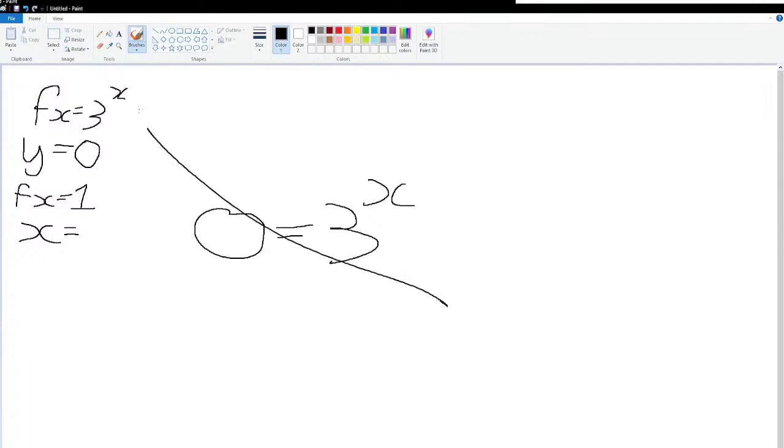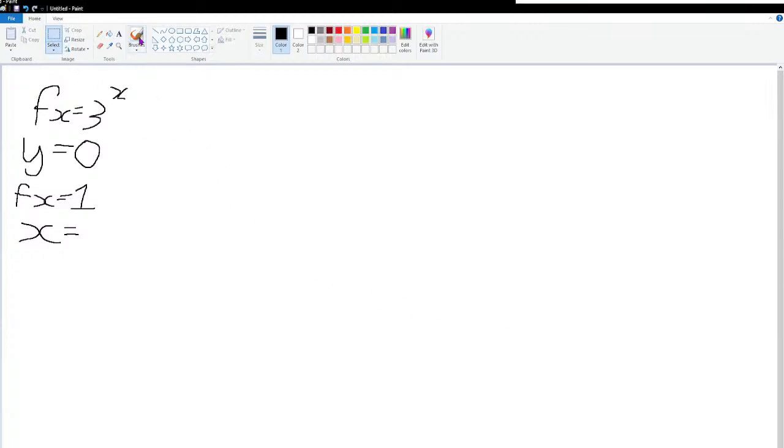So that would mean just that it is also equal to 0. So x is equal to 0. Now we need to graph it. So 3 to the power of x. And then we need to find 2 extra plot points as well.